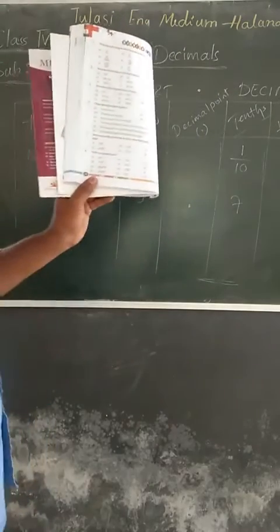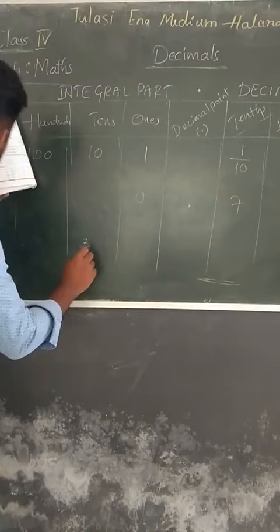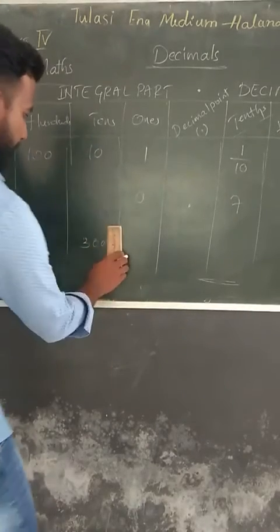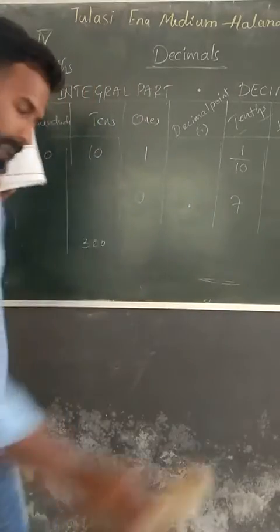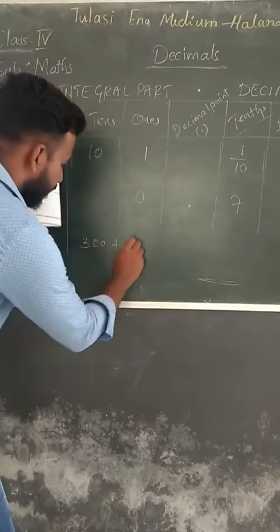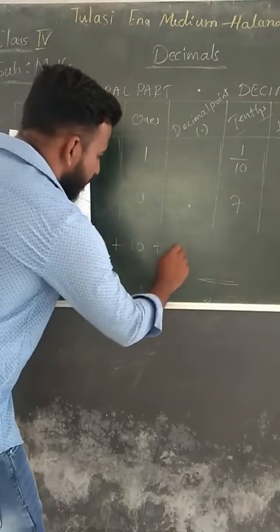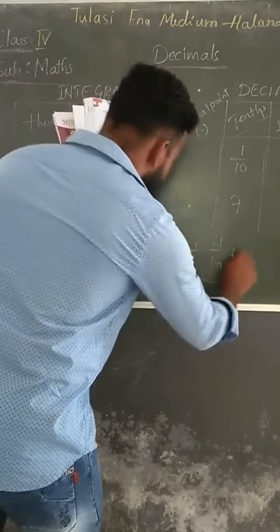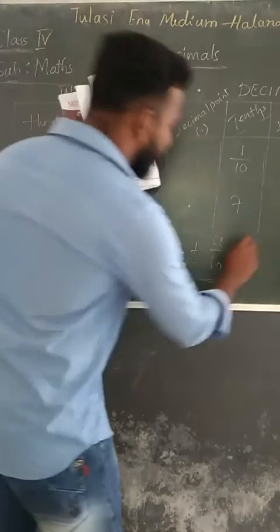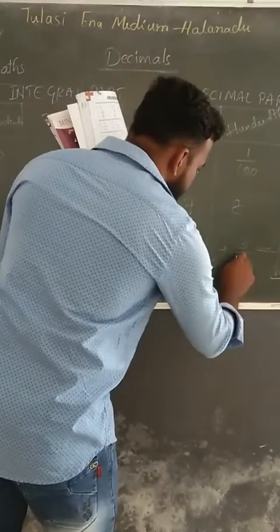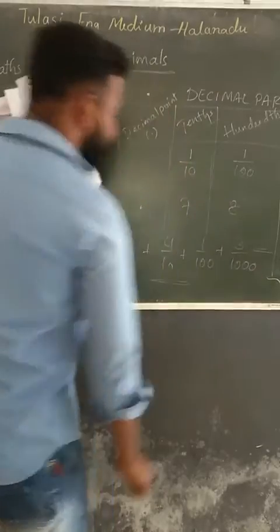314.413: 300 plus 10 plus 4 plus 4 by 10 plus 1 by 100 plus 3 by 1000.